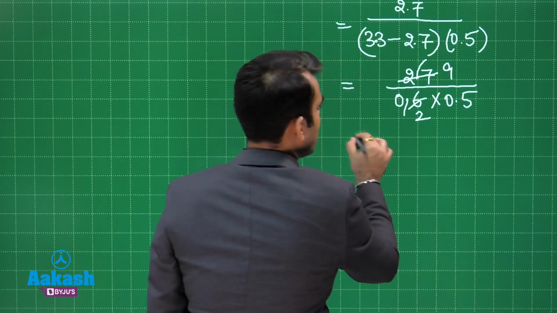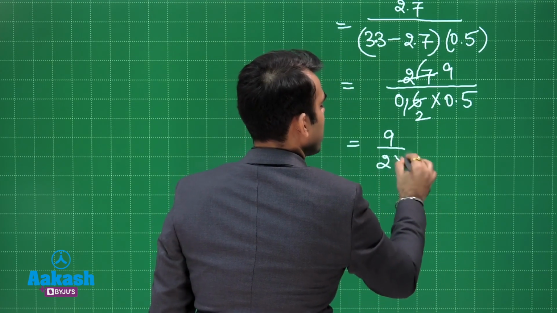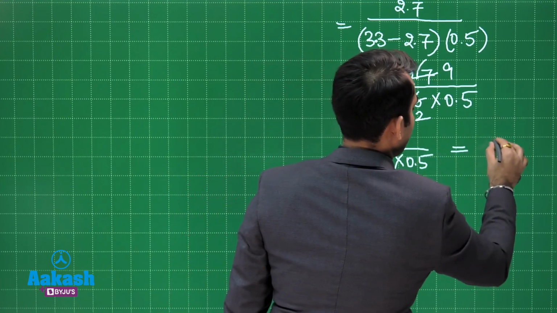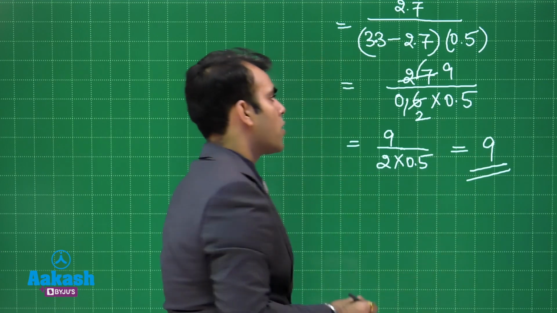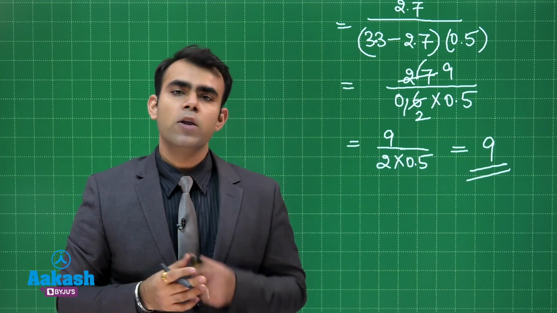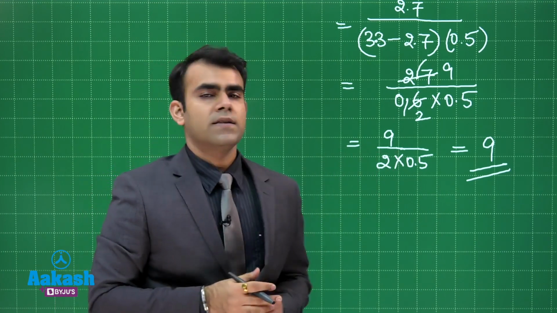So 9 by 2 is 4.5 divided by 0.5 is equal to 9. So from here we have calculated the value. So the answer of this question, or the value of Kp2, is 9.